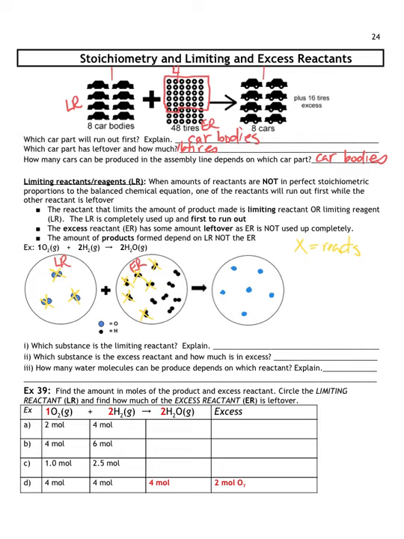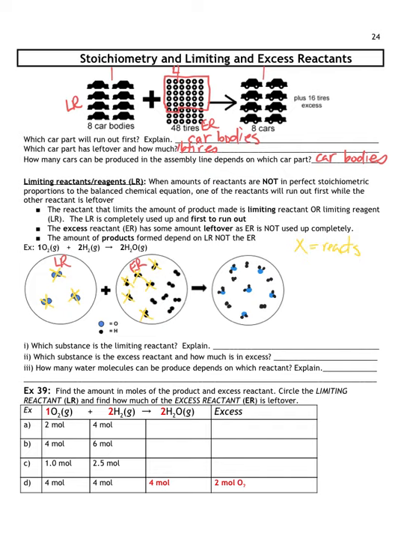Okay, now I'm going to draw my hydrogens. So here's 1. There's my 6. The excess is also added to the product side, because I want to conserve my mass between the reactants and products.